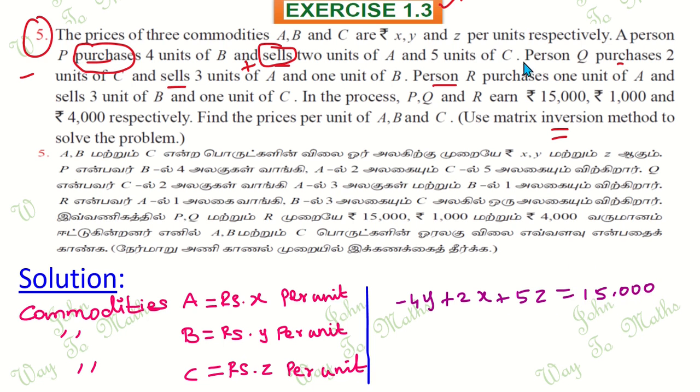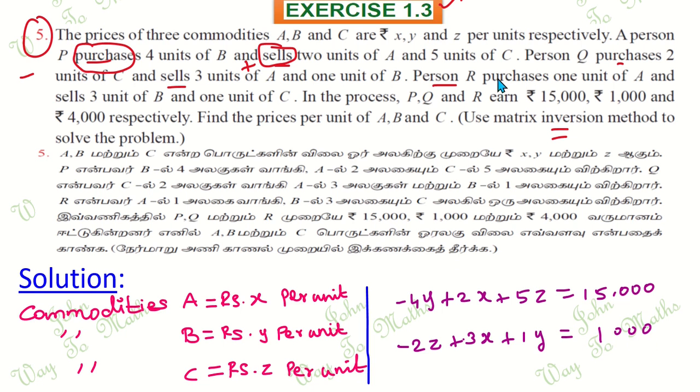Then second condition, person Q purchases, means minus 2 units from C, C means Z. Then sales means plus, so 3 units from A, so 3X, then 1 unit from B, plus Y, is equal to the amount 1,000.